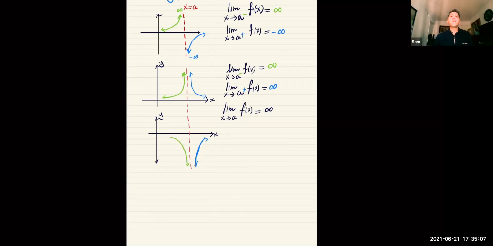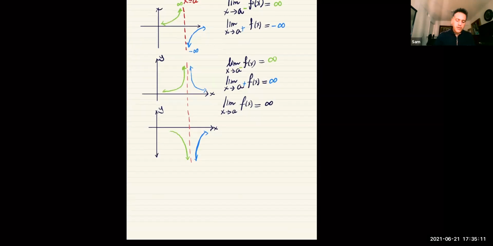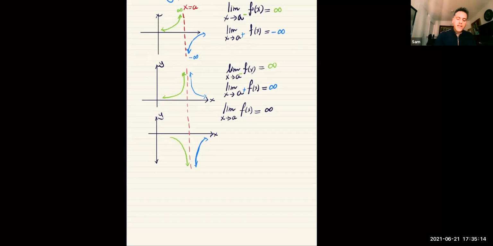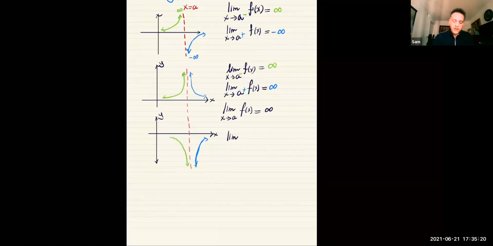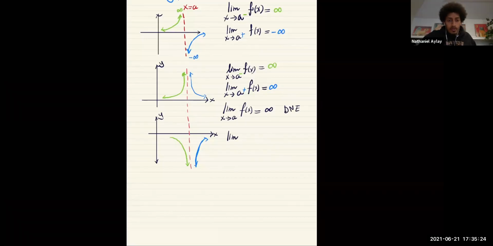Yeah. But we still say it doesn't exist because infinity is not a number. I'll write down what you just said. But you still put negative infinity. Okay, so still DNE, because infinity is not a number.